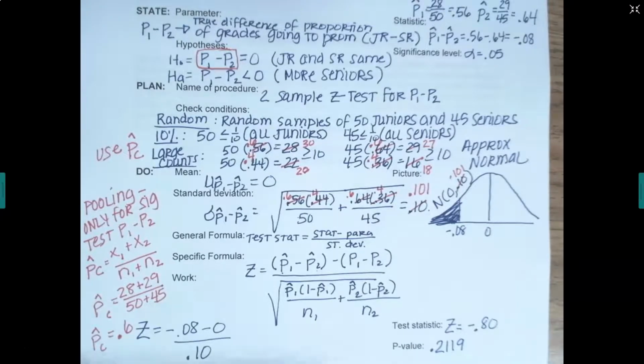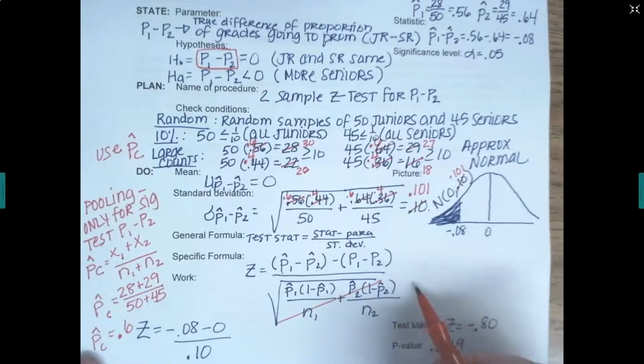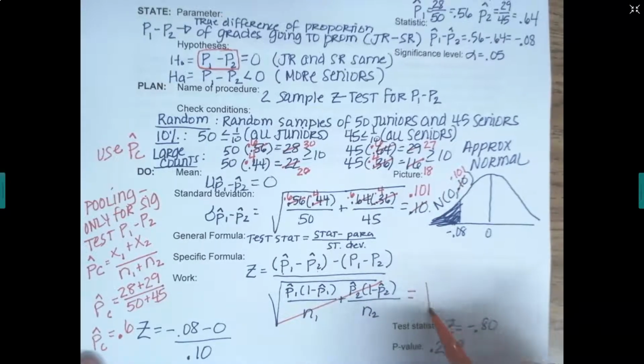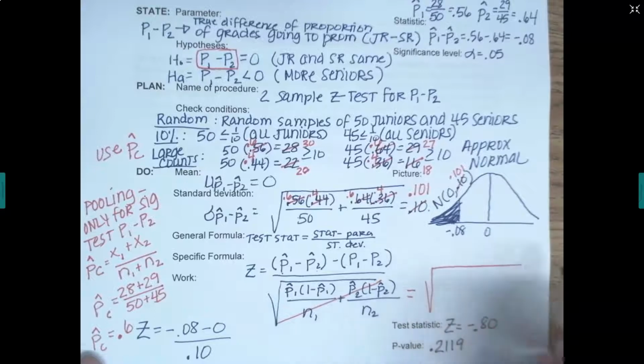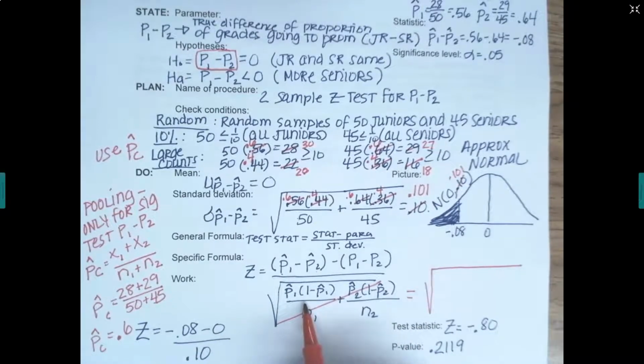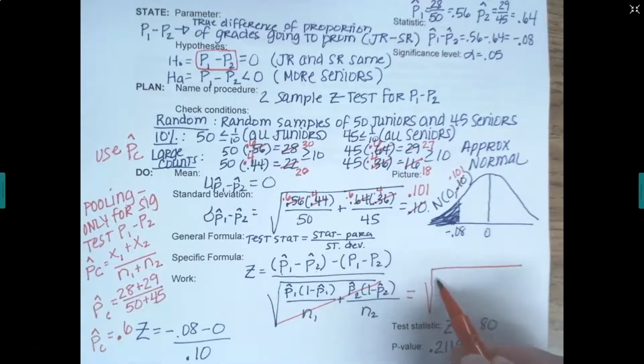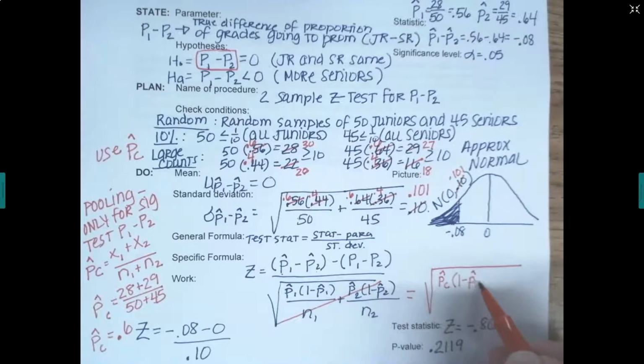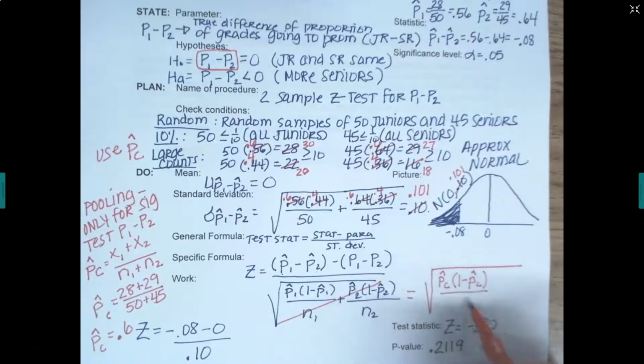Okay, so what our formula is going to look like, I'm going to show you the easiest way to use it. Our formula shows it just a little bit different, but I'm going to set it up just like this one because it's a little easier. You're going to have the pooled proportion times 1 minus the pooled proportion divided by that sample size, plus you're going to use these same numbers again.